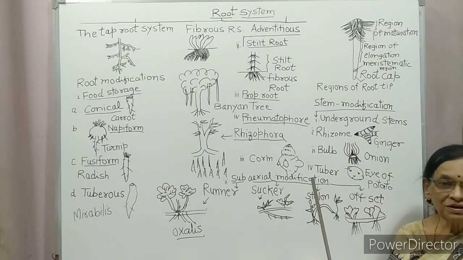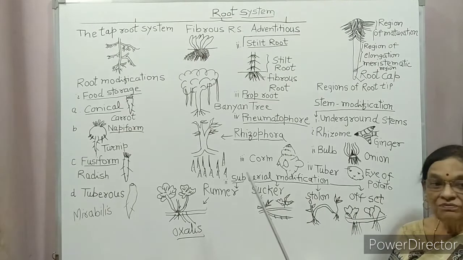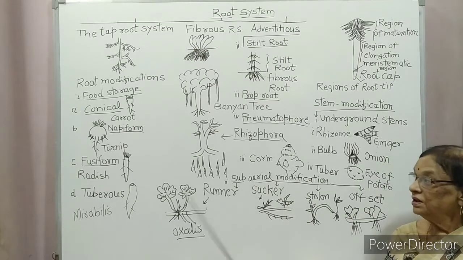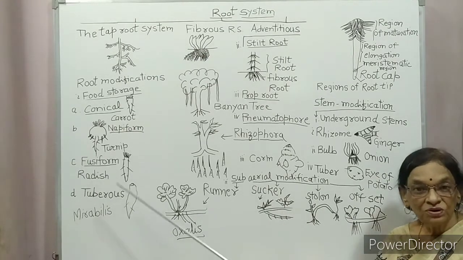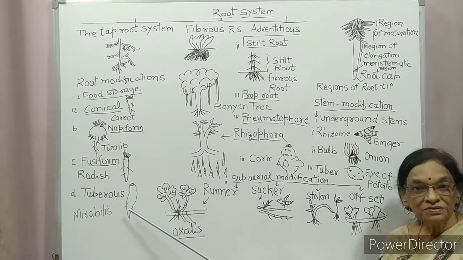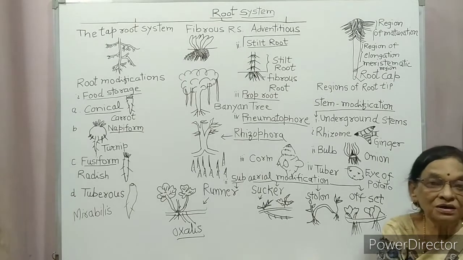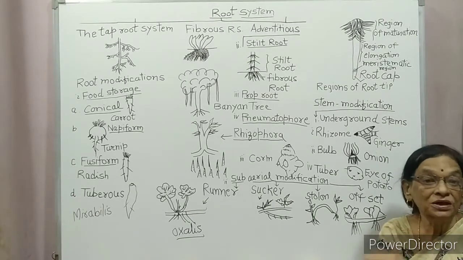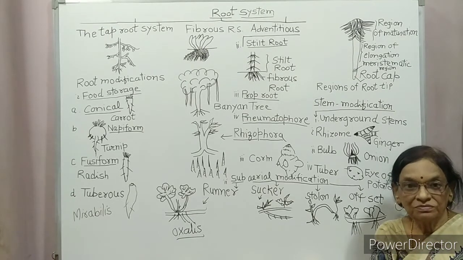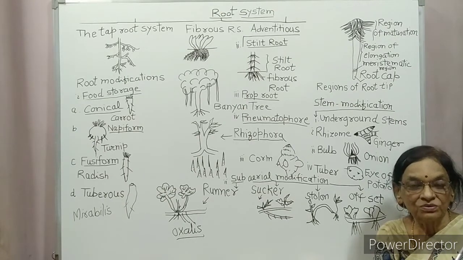What is underground modification? Where stem, like root, stores the food and this stem grows underground. But underground stem, though they grow below the soil, are not root.